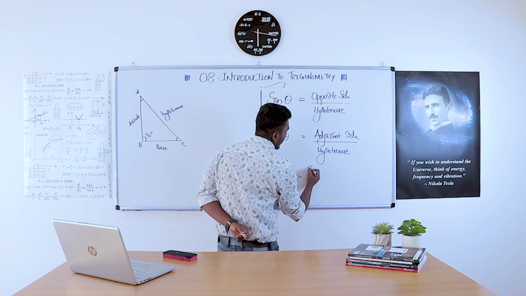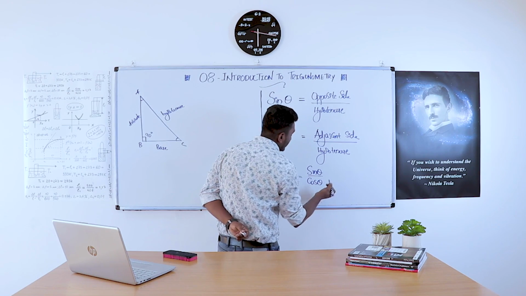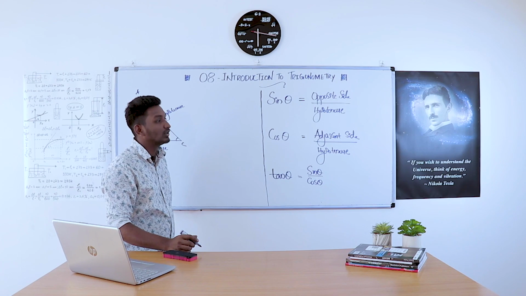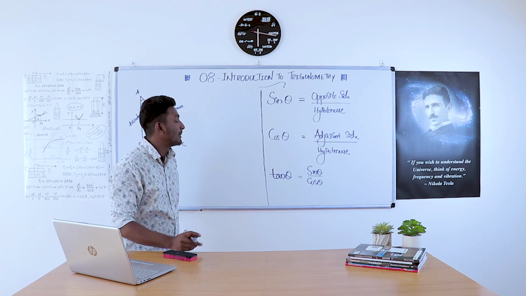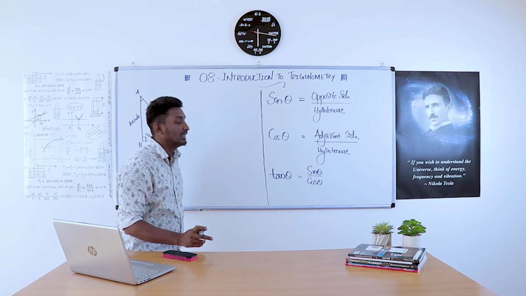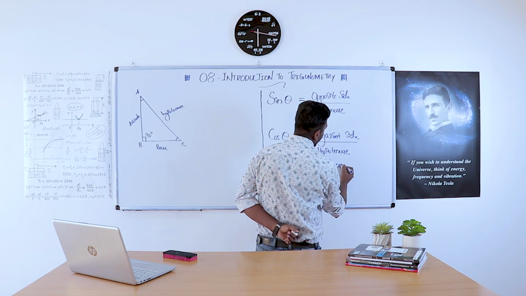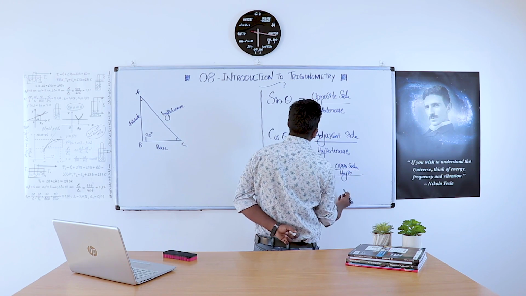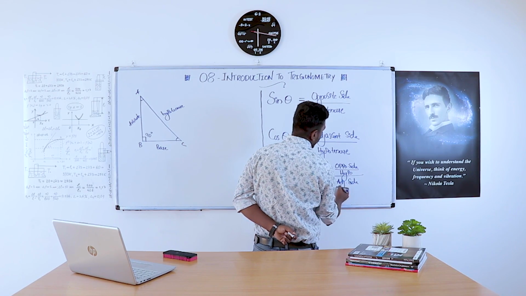Tan theta can be found using the equation sin theta by cos theta. Sin theta divided by cos theta always gives the value of tan theta. What is sin theta? We already know it is opposite side by hypotenuse, and the whole is divided by cos theta, which is adjacent side by hypotenuse.